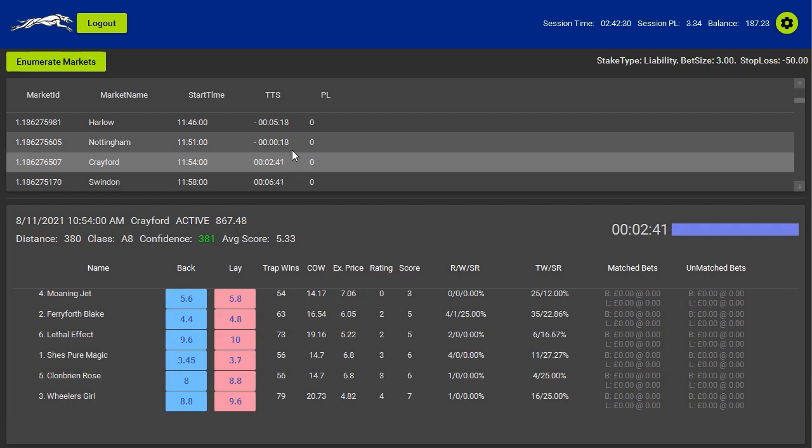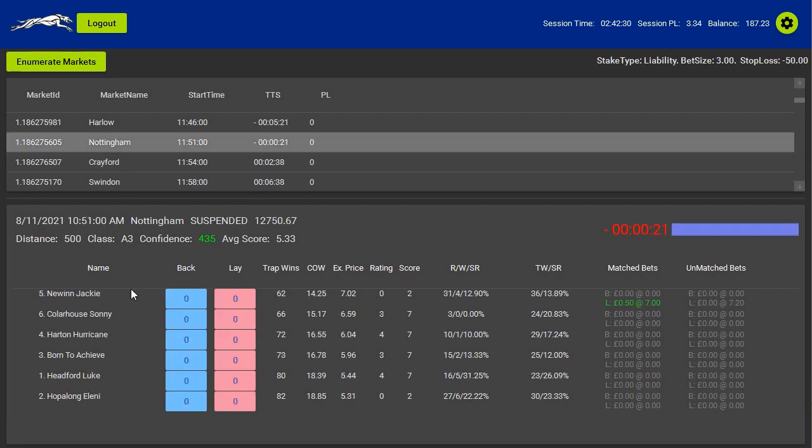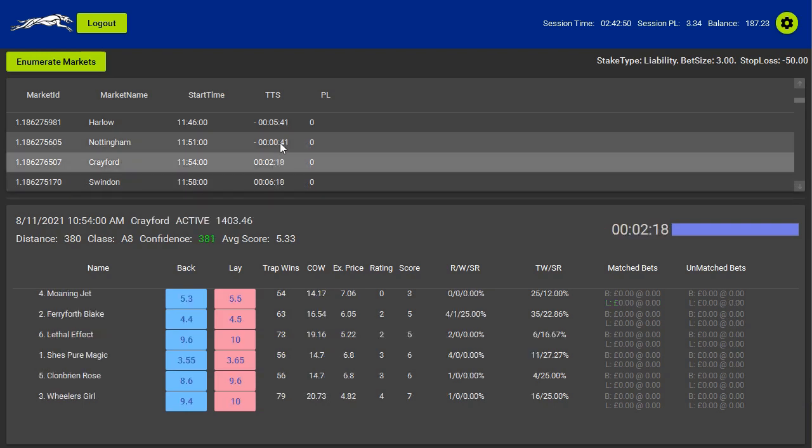Let's see what the result is on New Win Jackie, and then maybe we go on the next one as well. If the results come in on time, I don't want to go and place a bet on this one when we haven't got the result on that one. I'd rather wait or not do anything at all. So I suspect that we're not going to get on this race before that result comes in, but let's just hang on. So I'm just going to pause the video while we hang on.